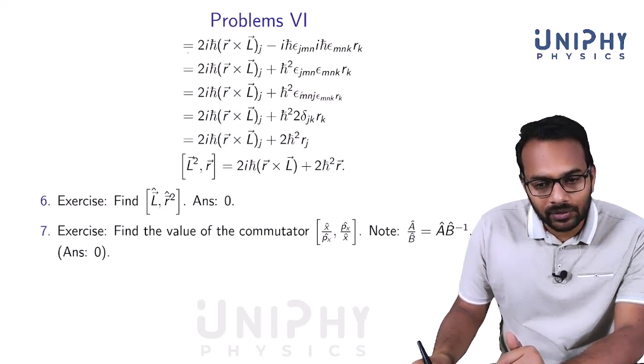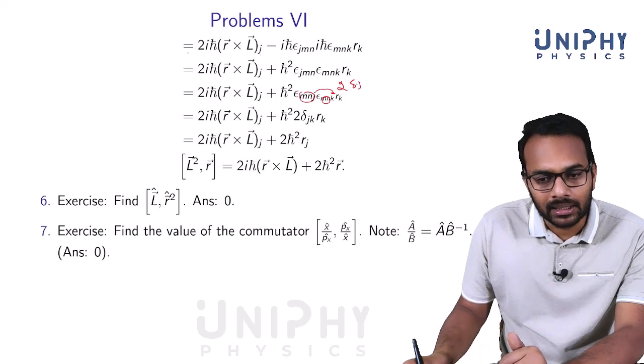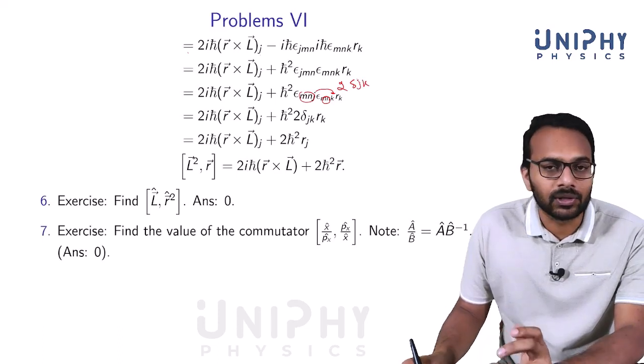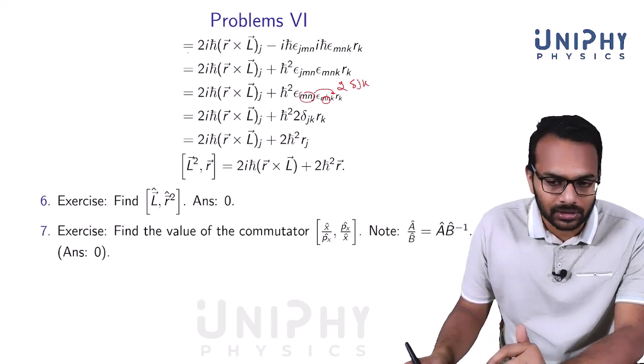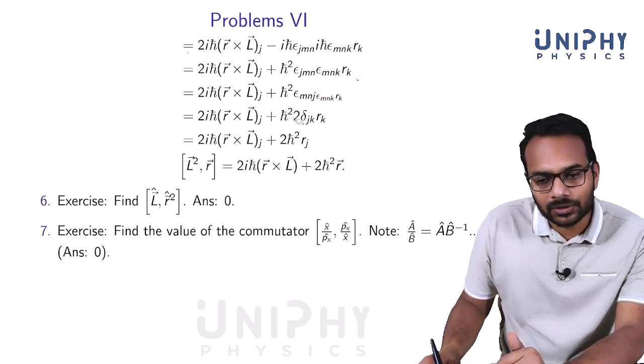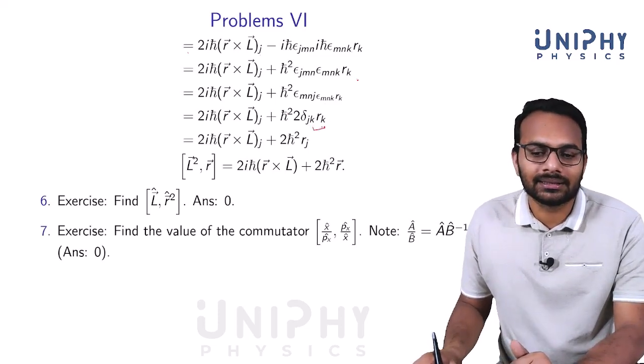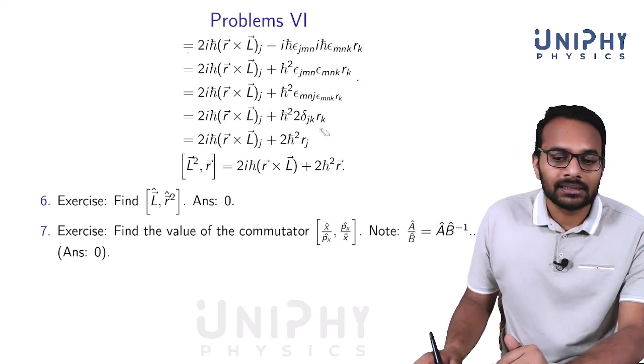If you have two indices here and the same here, then there will be a twice, and the leftover indices j and k will come as the indices for a Kronecker delta. So this becomes ħ cross square twice delta jk r_k. Remember again there's a summation over k.